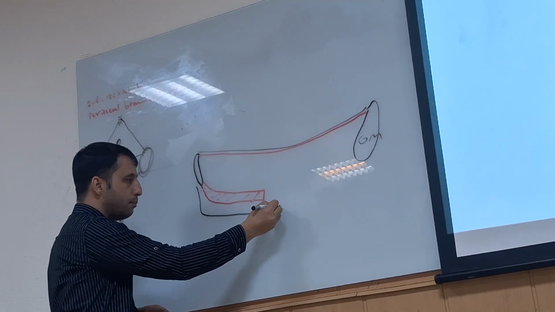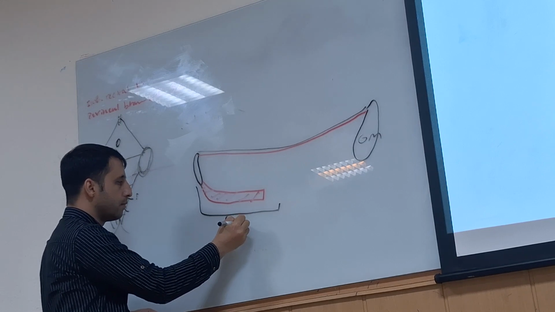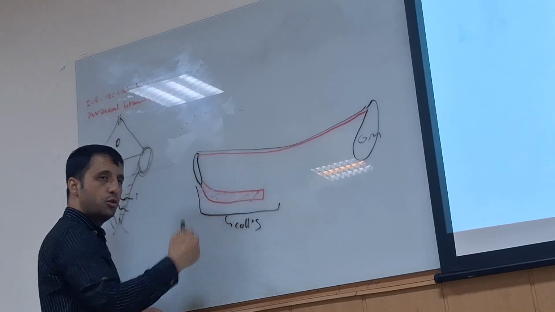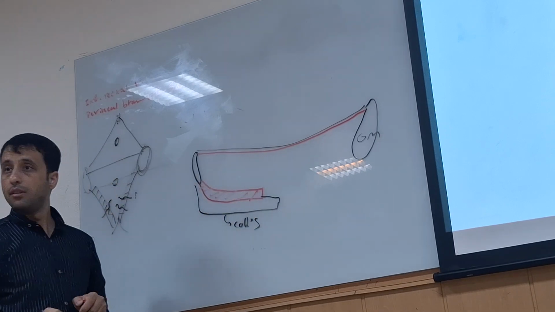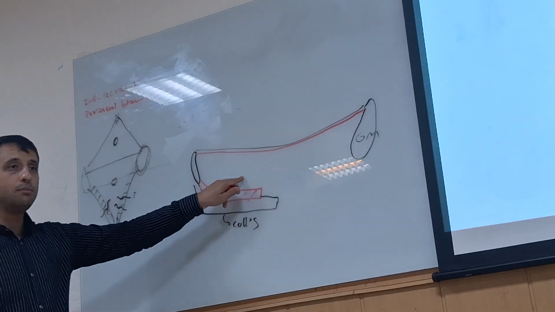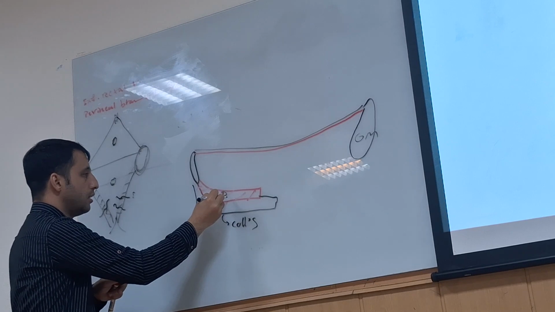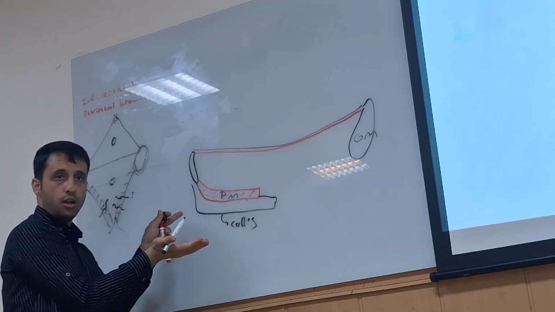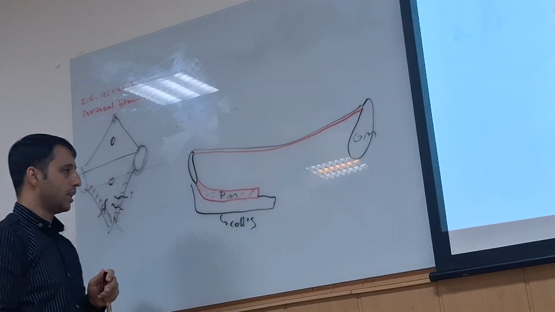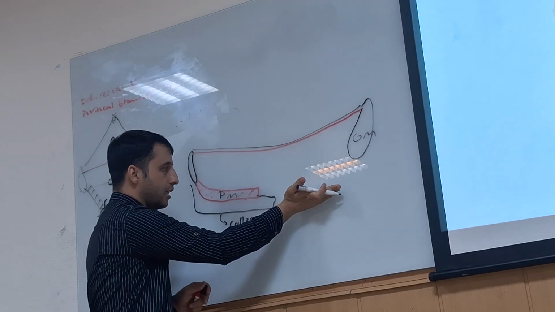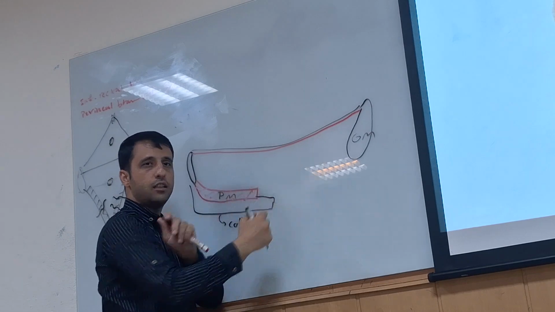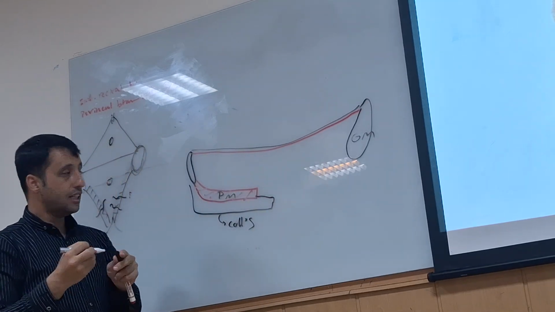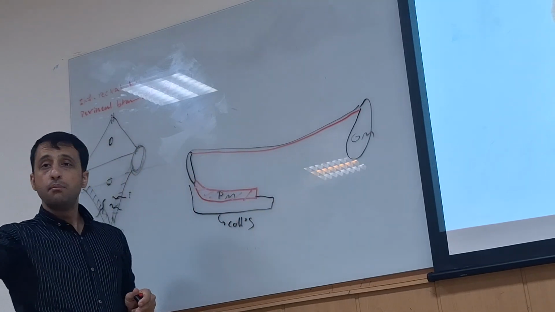Colles fascia is posteriorly attached to the perineal membrane. At this area, it was the urogenital triangle. Posteriorly is the anal triangle.